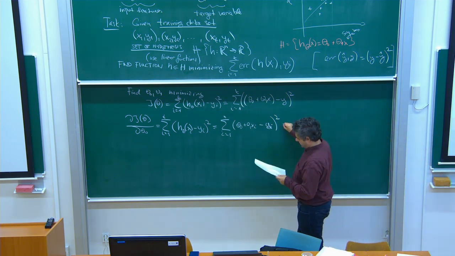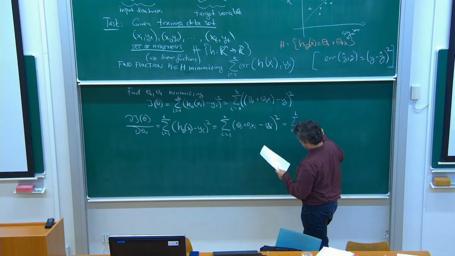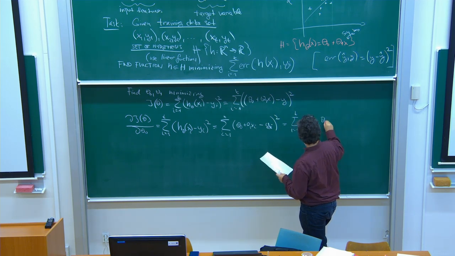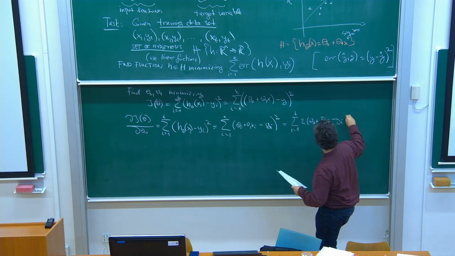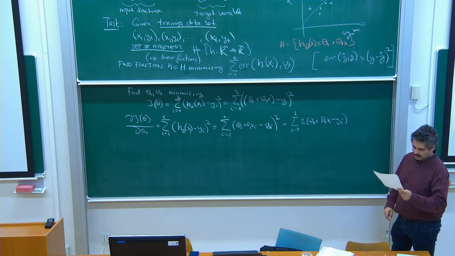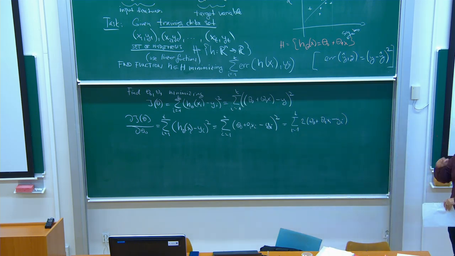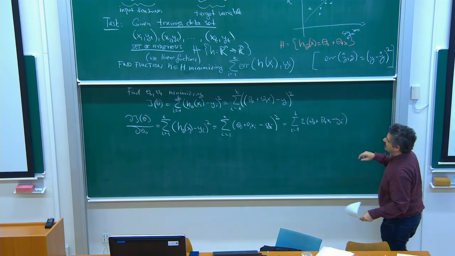Okay, so I claim that the derivative is 2 times theta 0 plus theta 1 x i minus y i. Is that correct? I think so. Sorry? It's the derivative with respect to theta 0, just it is missing.